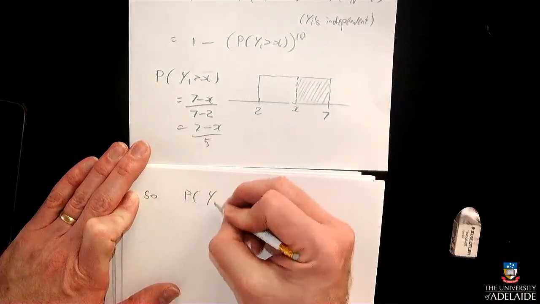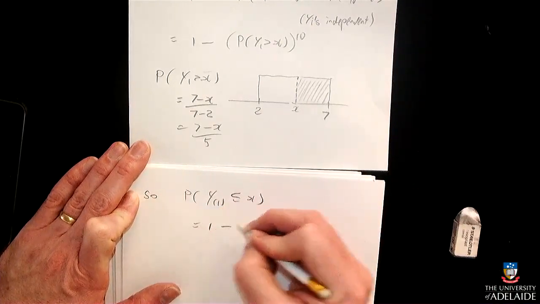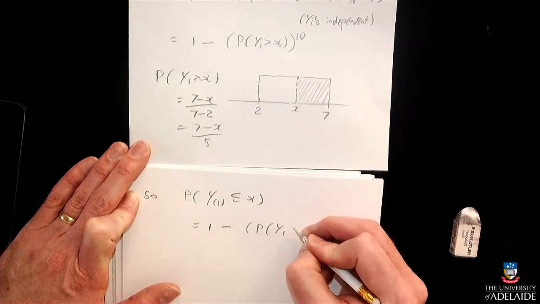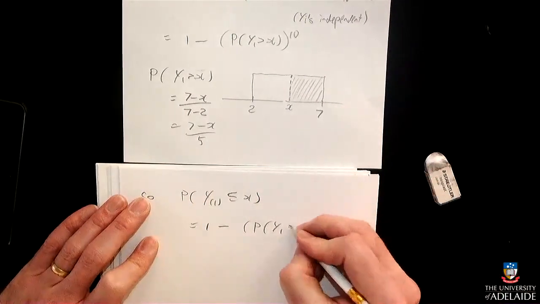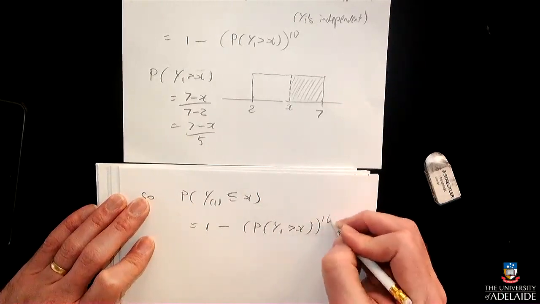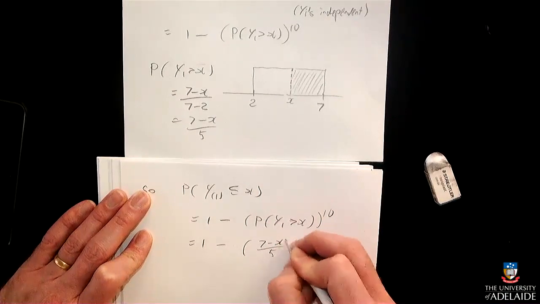So the probability that y1 is less than or equal to x is 1 minus the probability of being greater than x to the power 10, which you just figured out was (7 minus x) over 5, to the 10.